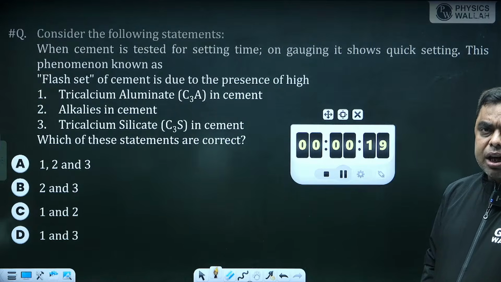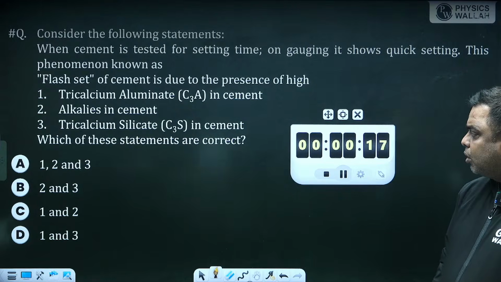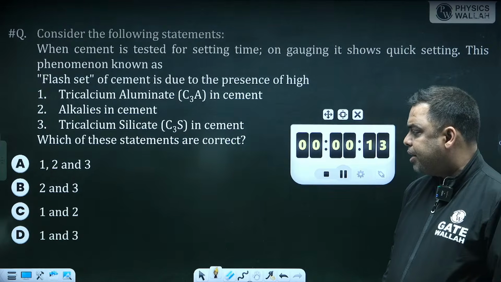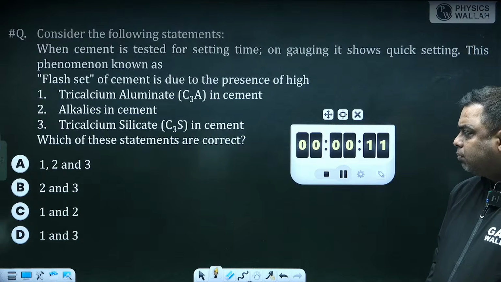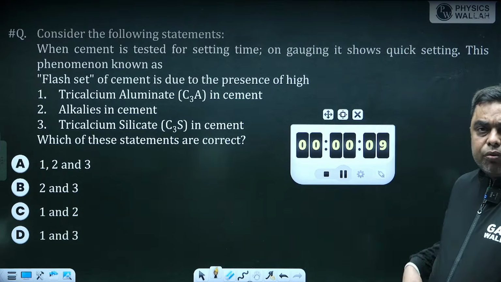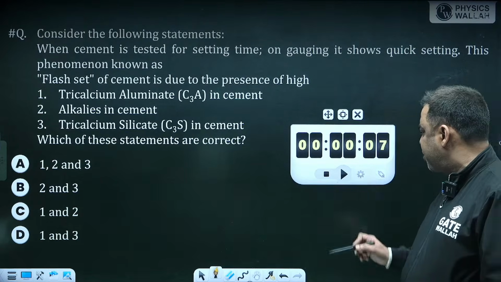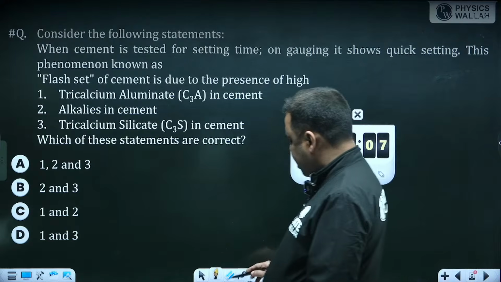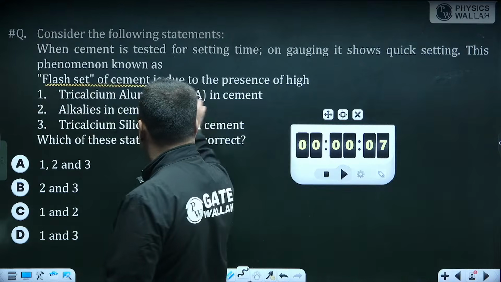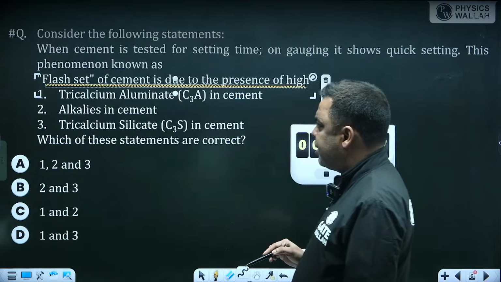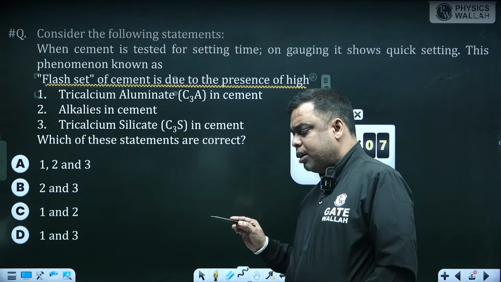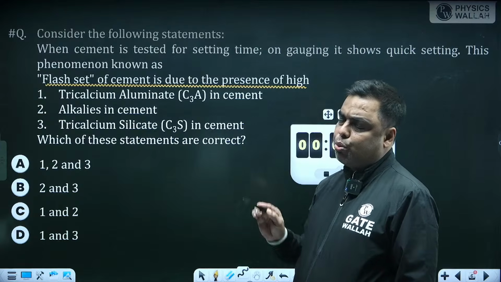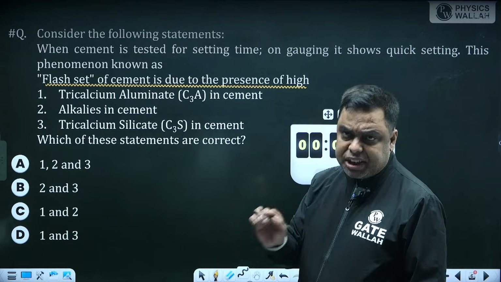So what would be the answer? Flash setting of cement. Flash setting of cement is responsible for what? See, flash setting of cement is caused due to the presence of C3A.